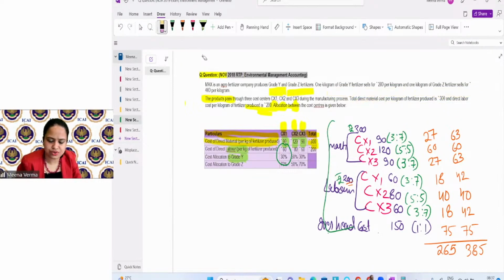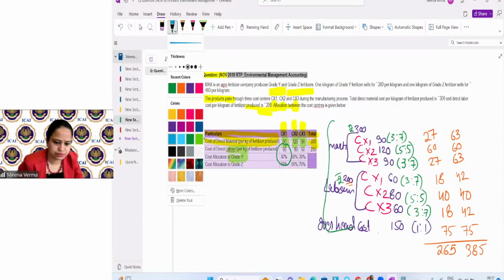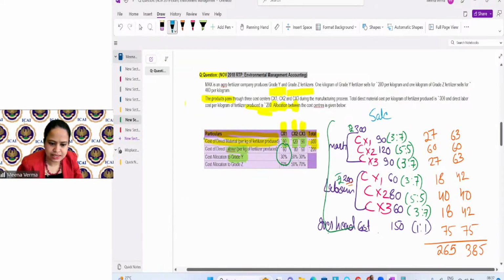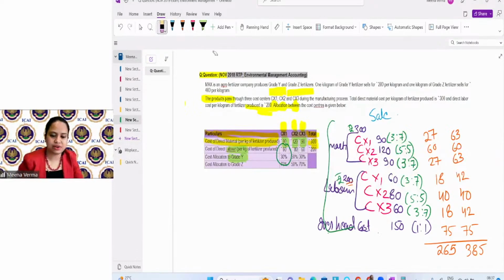So this was your cost, right? Sale price is what? Total sale value. What will be the total sale value? It is given actually. So 280 per kg, because everything is in kg, right? So we will consider the sale also per kg, which is 280. And here it is 400 per kg.